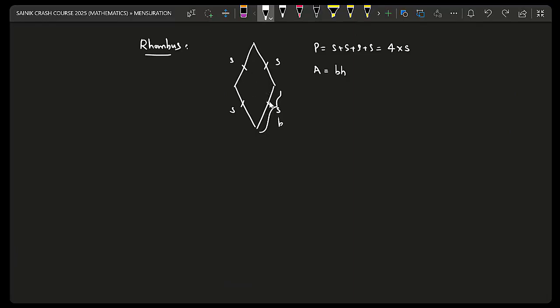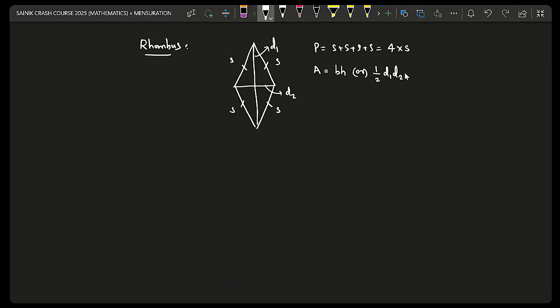And moreover, another formula also we can use, that is, let us say the diagonals length are D1 and D2. Then the area of the rhombus is also given by another formula, that is half into D1 into D2. So we can prove all these formulas, but without proof you just remember them. Area of the rhombus is half into the product of diagonals, half into D1 into D2.